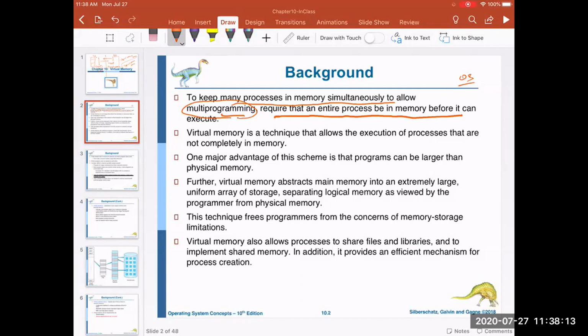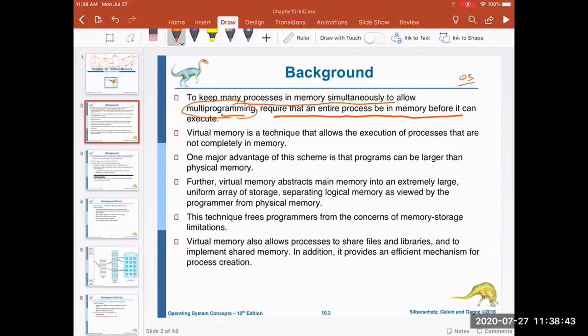In this, we assumed that the whole program or process is kept in RAM, because we want our operating system to be multi-programmed, so we try to keep as many processes as it could be. Now, if we need the entire process in memory, it is going to take a large amount of memory from RAM. So that decreases the multi-programming.